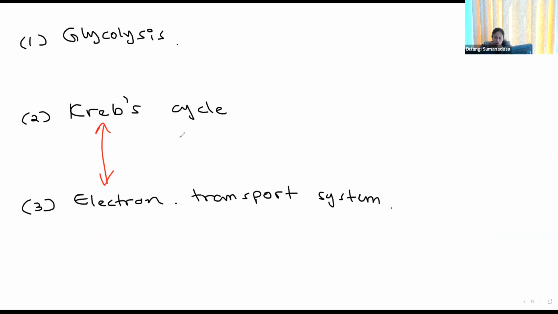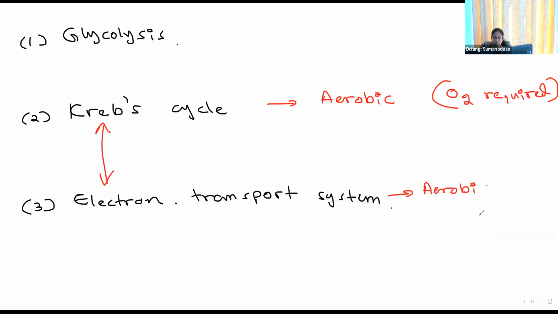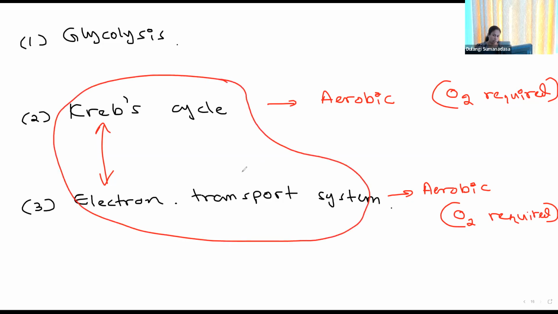If something needs oxygen, we call them aerobic processes. That means these 2 reactions won't take place if oxygen is not available, because they are aerobic processes.